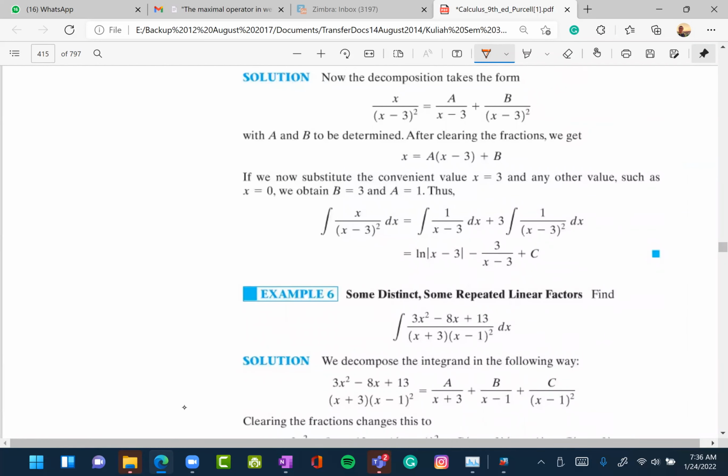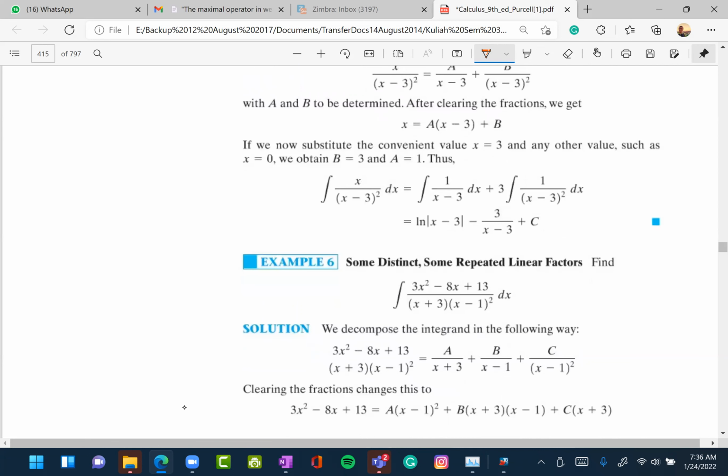For example, on the denominator you get this one here: the distinct x plus 3, x minus 1, but x minus 1 is double because you have a square here. So the decomposition should be x minus 3, x minus 1, and x minus 1 squared, because x minus 1 is repeated twice.